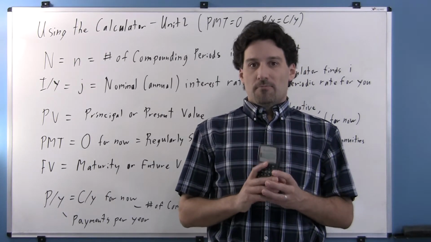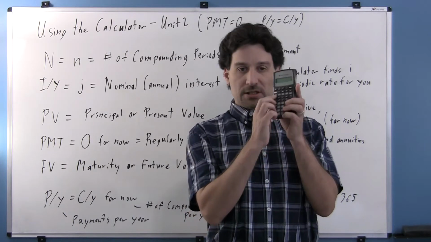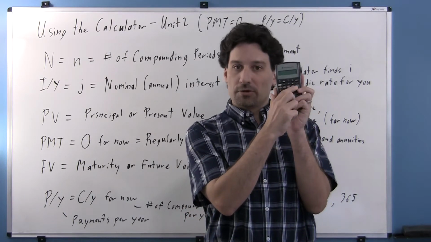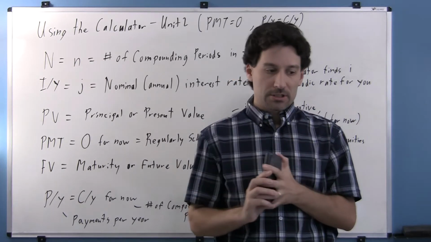I really recommend at this point moving to using the built-in functions. That's going to be this light gray row of keys, the third row down on the calculator from the top. And I'm going to teach you now how to do it.